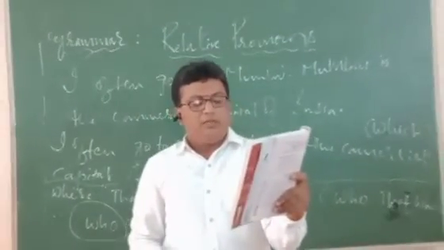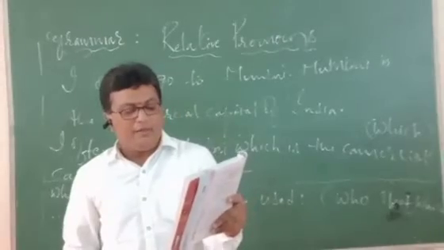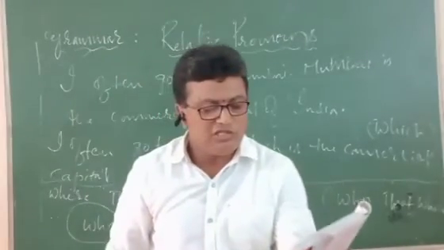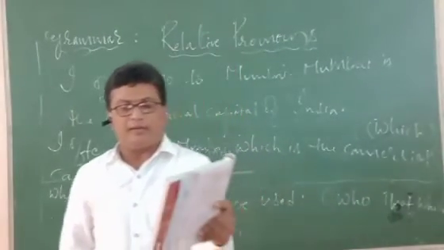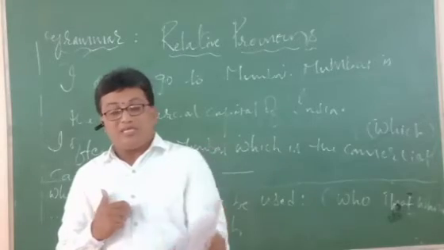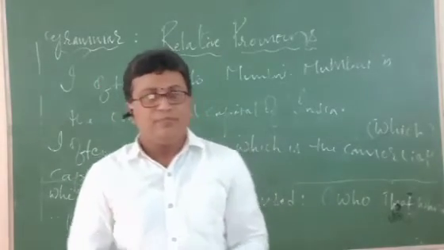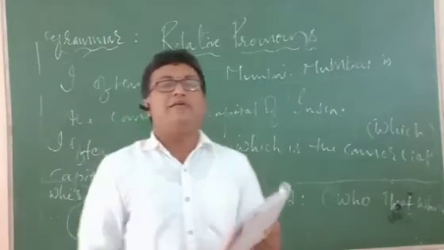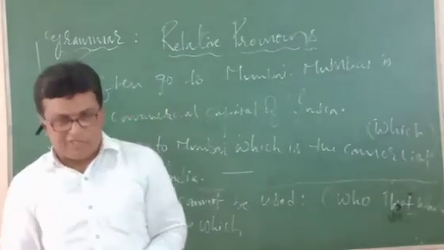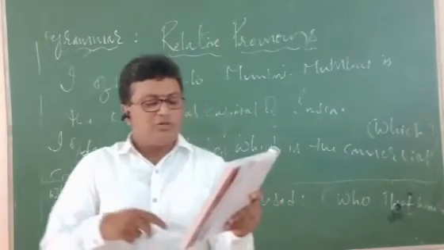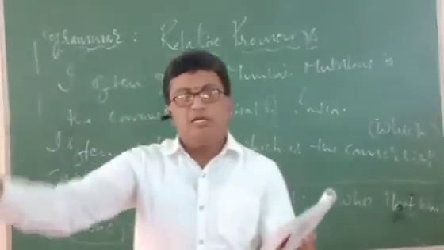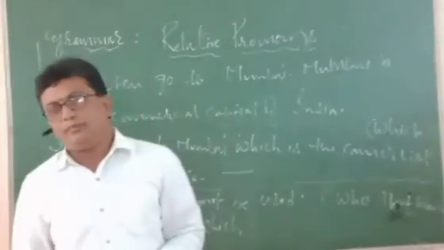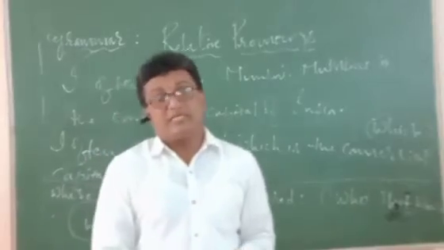Now, my mother, who cooks very well, is going to host a TV show on cooking. See here, my mother. What is that activity? She cooks very well. Therefore, this is the way we are supposed to combine.